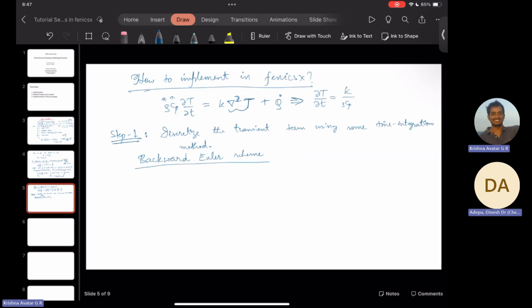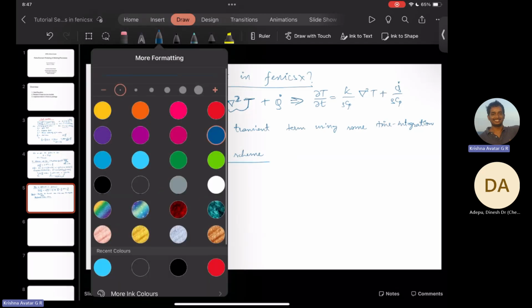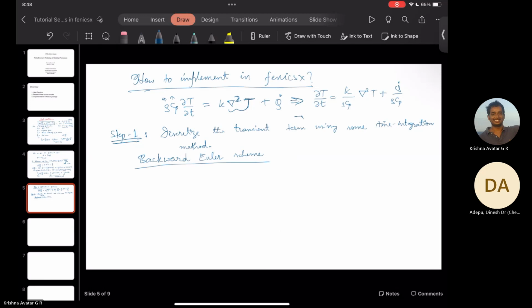So that becomes the Laplacian of T plus q dot by rho Cp, which we'll call f. So partial t of T is equal to alpha Laplacian of T plus f. This is the equation that we are going to solve.